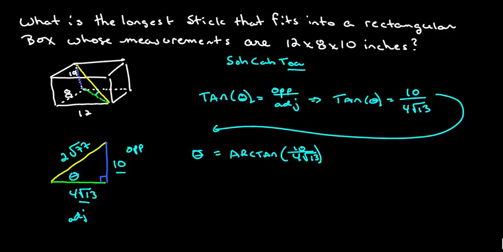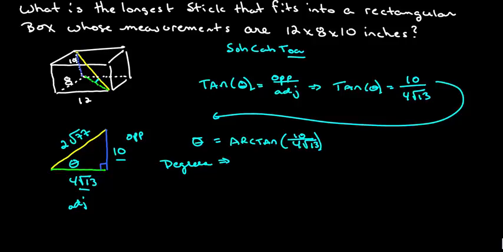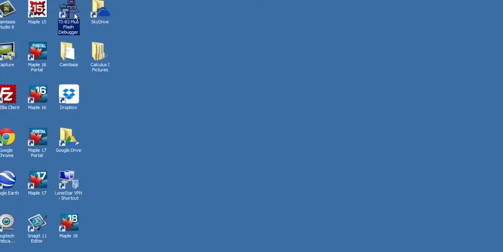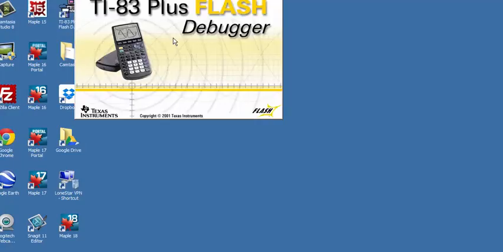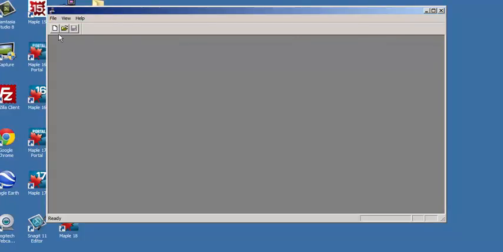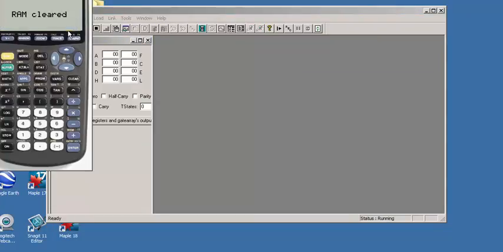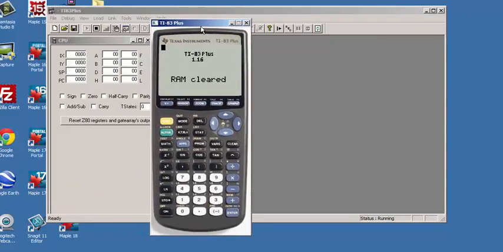So if we go ahead and do that on our calculator, let's get a value that's in degrees. So let's make sure our calculator is in degrees, and actually let me pull up your calculator that you're probably using right now. Okay, so here's your calculator.